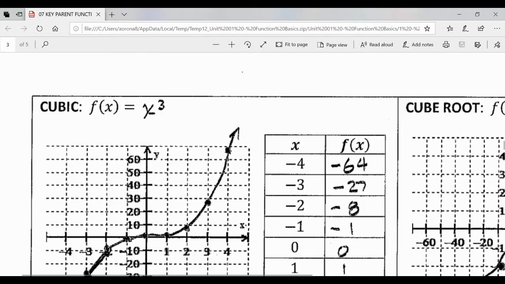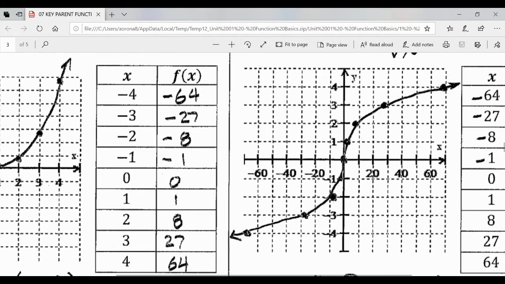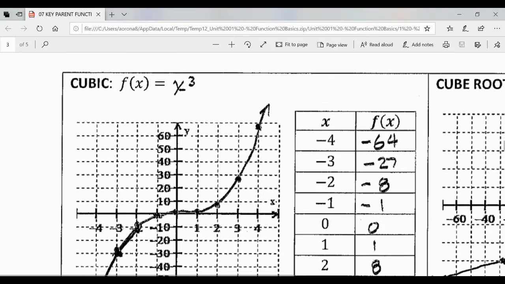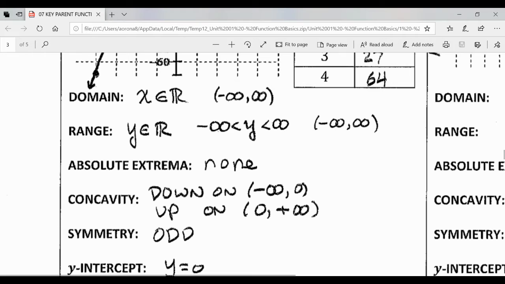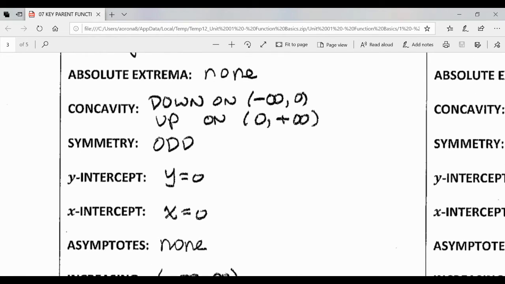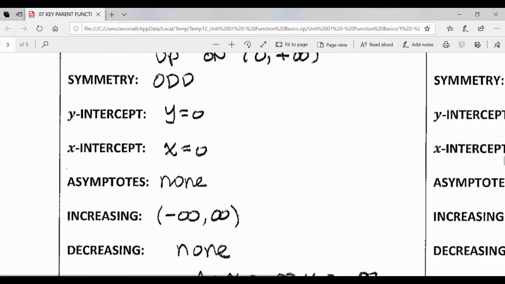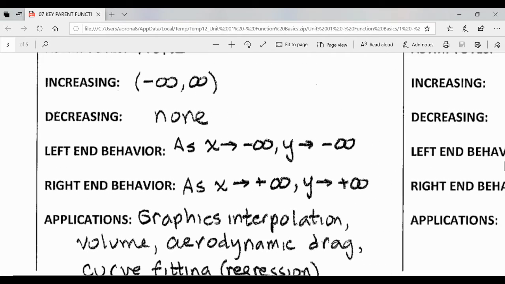Okay, we're halfway done. We have our cubic function, really similar to the cube root function. Okay, and these are the values. These are the properties. Again, I'm just going to scroll through this because you should already have something similar to this. If you do have anything different, make sure that you correct it. Okay. For the end behavior, this graph is going left and right, but it's also going down and up, one on each side.